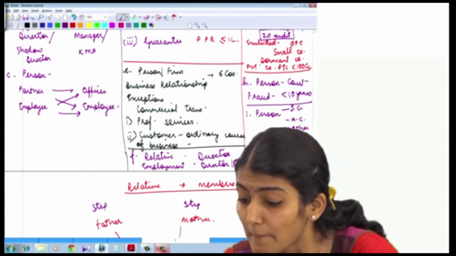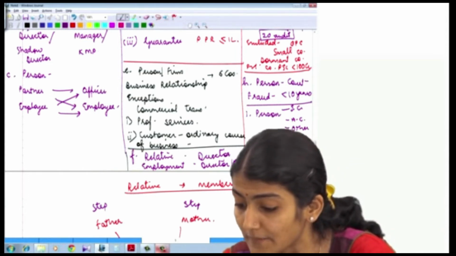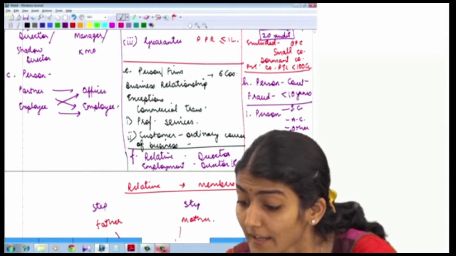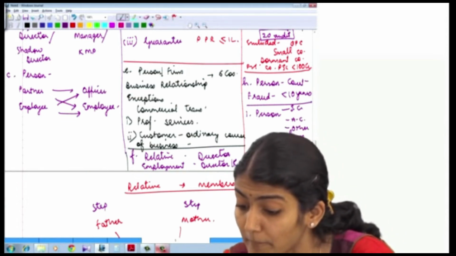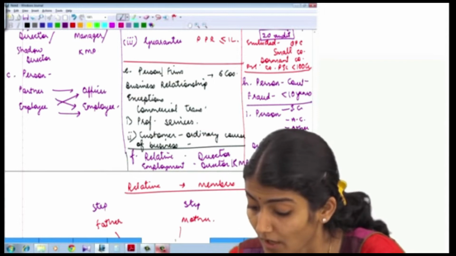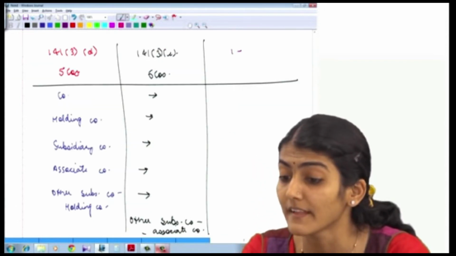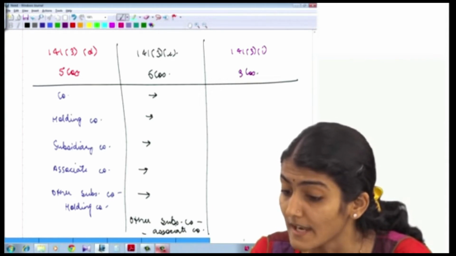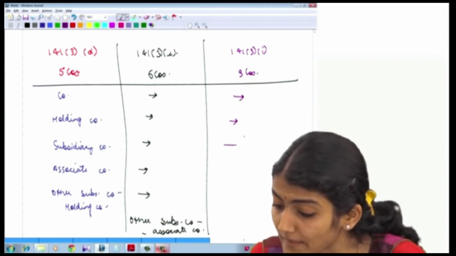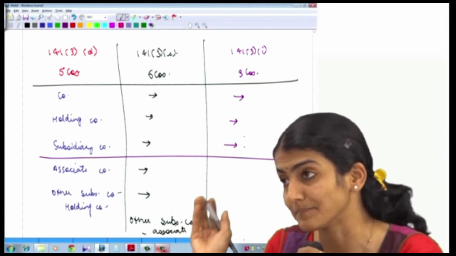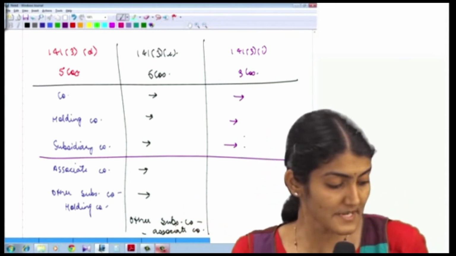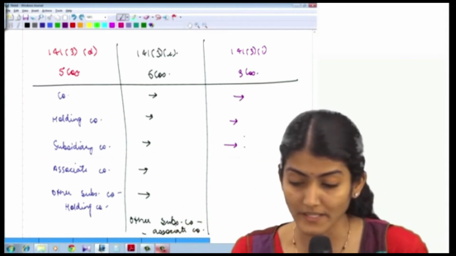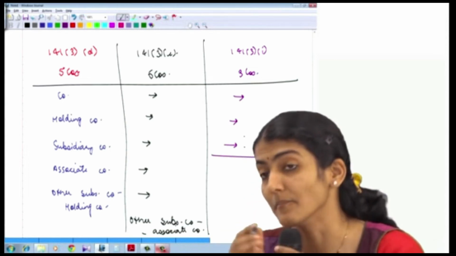This is also new, brought in by the Companies Amendment Bill 2016. Directly or indirectly to 3 companies. My God. For 141(3)(i), there are 3 companies. You understand? Company, holding company, subsidiary company. That's it. For 141(3)(i), how many companies are there? 3 companies.